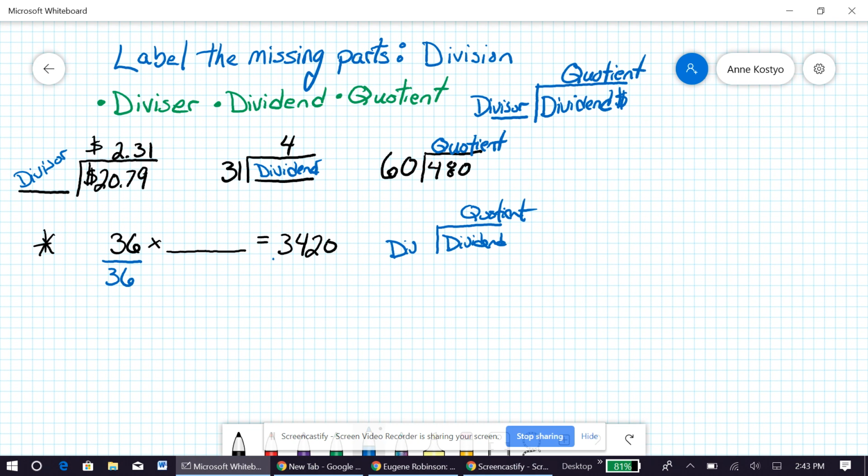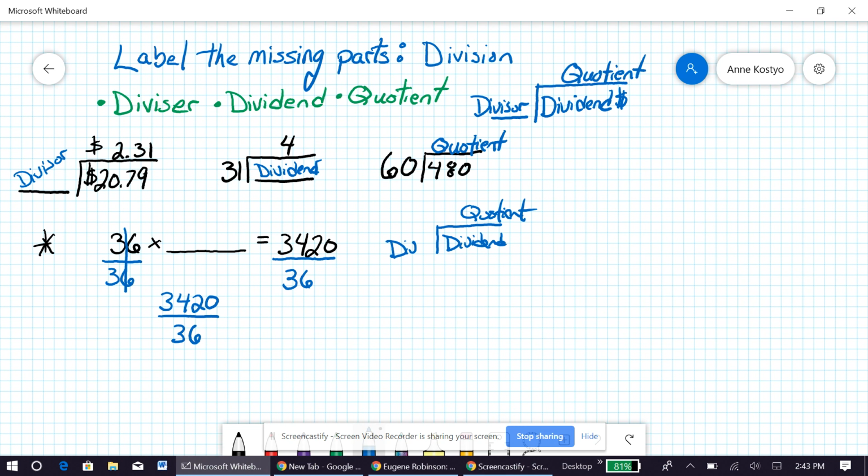But if we do that to one side across the equal sign, we must do it to the other side across the equal sign. So now our 36 over 36 becomes 1. And now we have a fraction. So we have 3,420 divided by 36. Okay, that is a fraction.